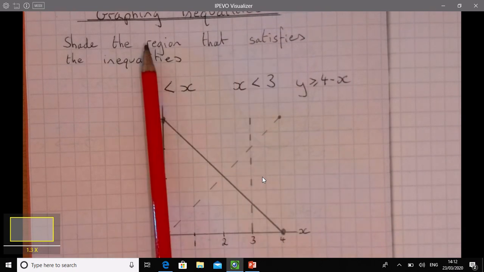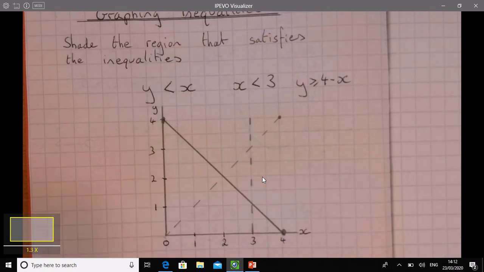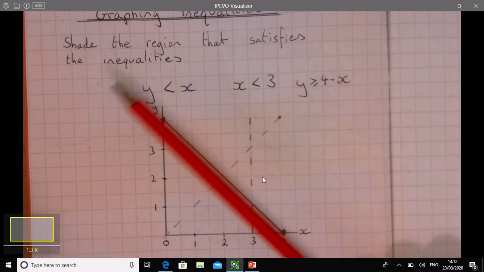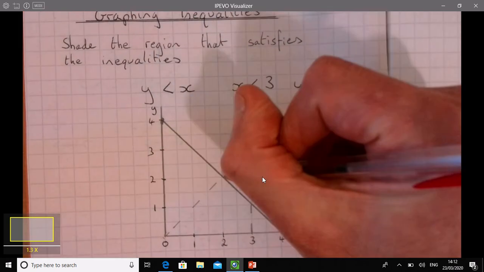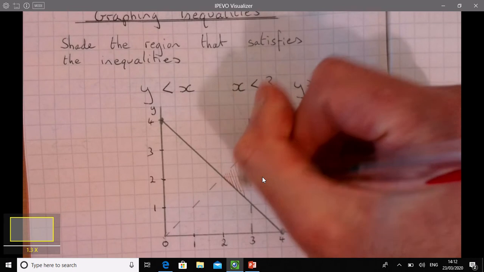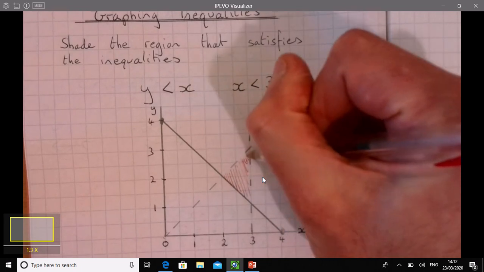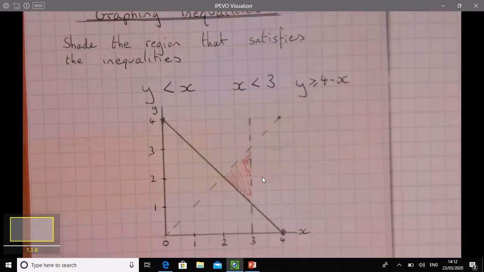And then y has to be greater than or equal to 4 minus x. So we're talking about that area there. Okay, so the area that we've got is just in here. Normally it asks you to go and label it with an R for region.